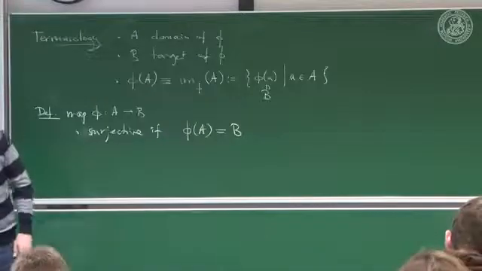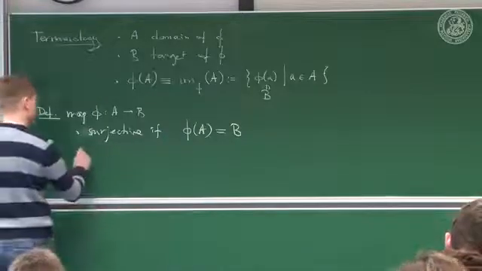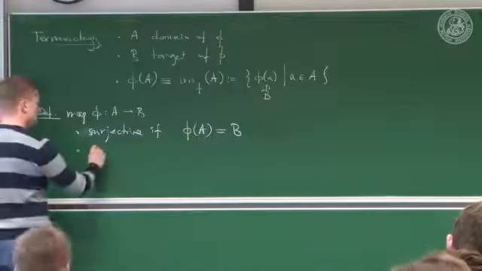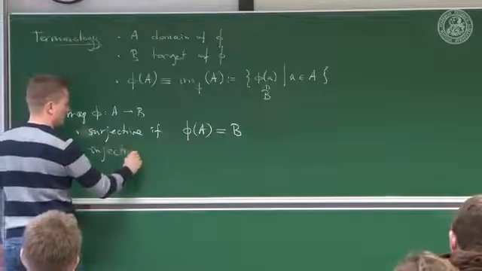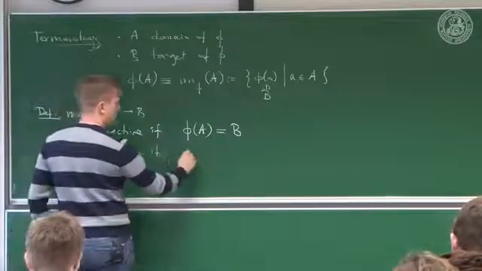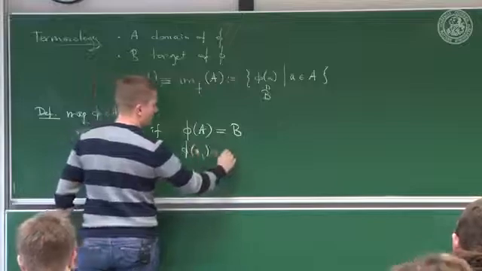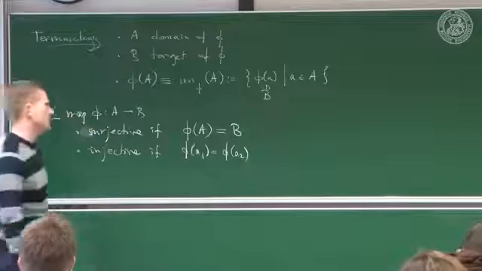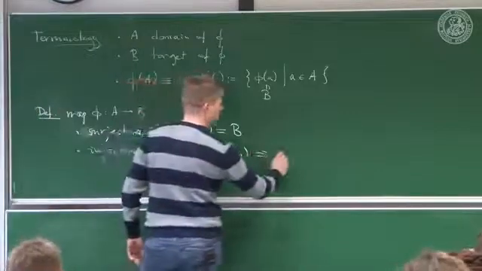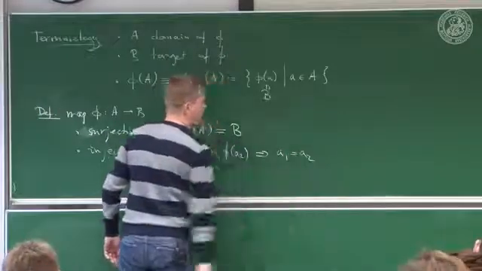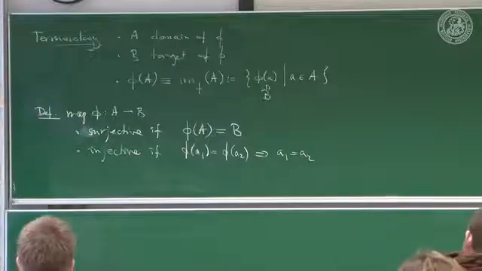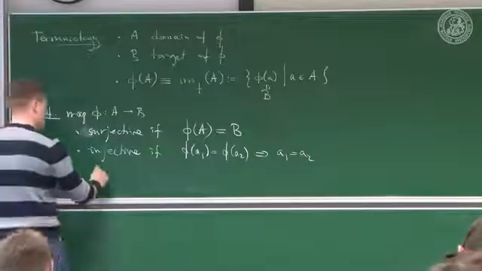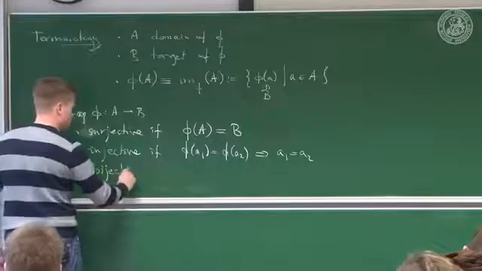So if every point in the target is hit by the map. It's injective if the equality of two values of the map, if phi of a1 equals phi of a2, already implies that a1 equals a2. And the map is bijective, and that's the key notion.